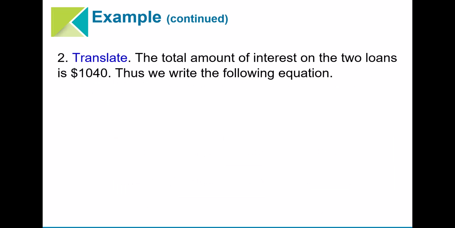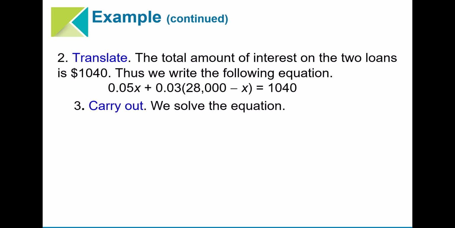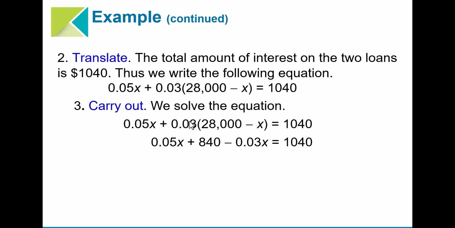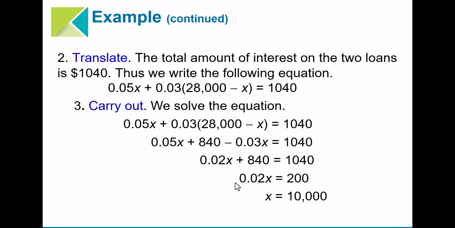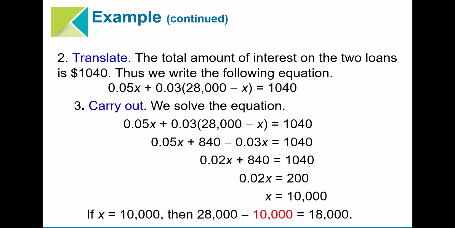And so now I have an equation. And so I can simply carry this out and work it out by first distributing 0.03 times 28,000, distribute 0.03 times the negative x, and just continue through the solving process, collect like terms, throw the 840 to the other side, divide both sides by 0.02, and I see I get this 10,000.